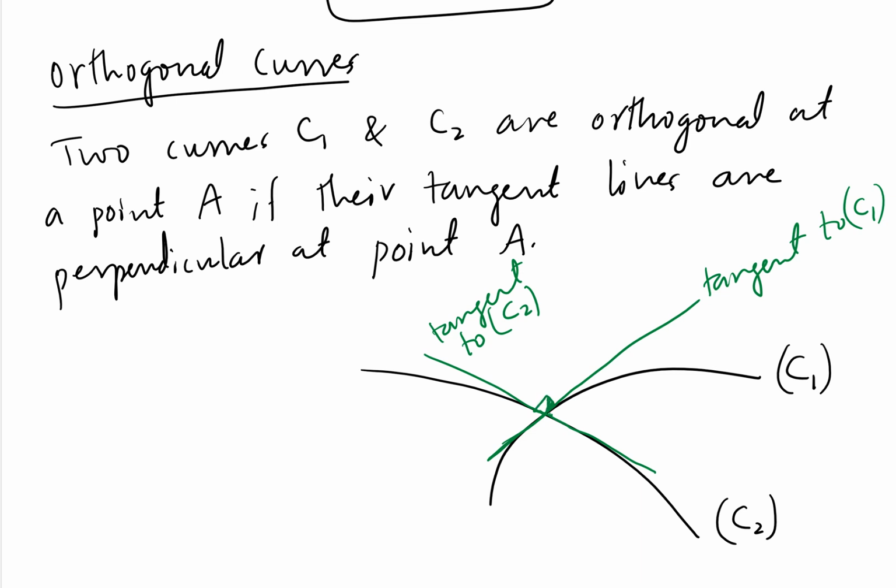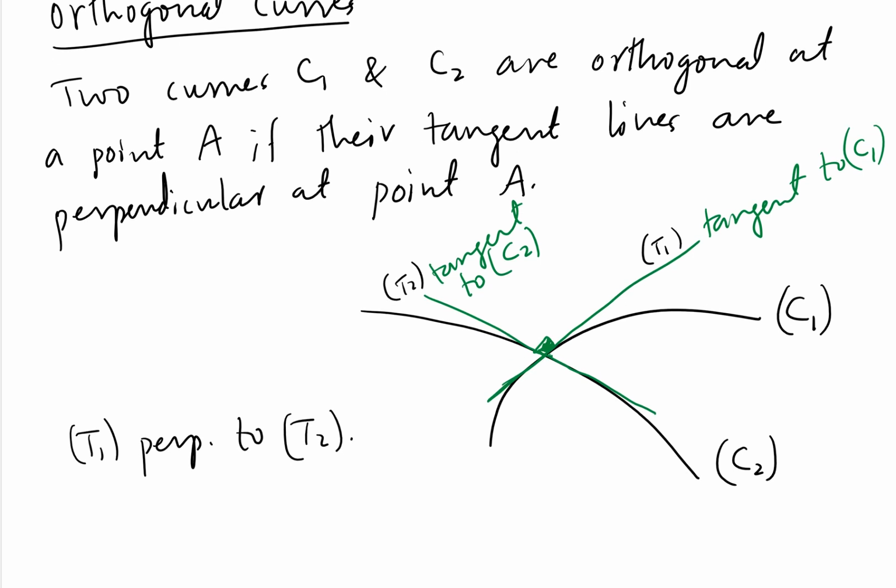If they are perpendicular, the two tangent lines in green, then the two curves C1 and C2 are orthogonal. So call these T1 and T2. If T1 is perpendicular to T2, then C1 and C2 are orthogonal.